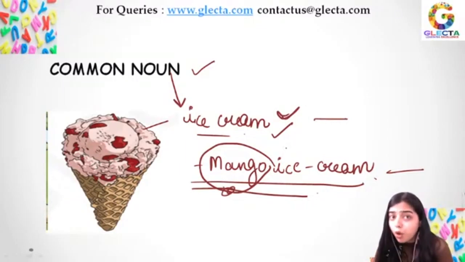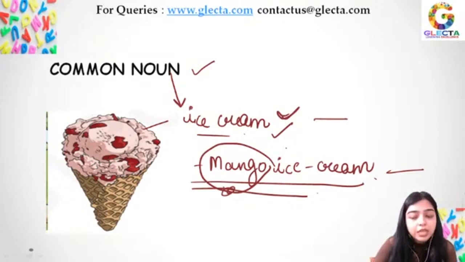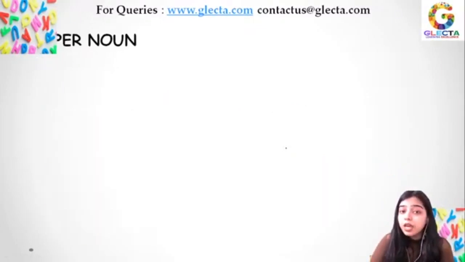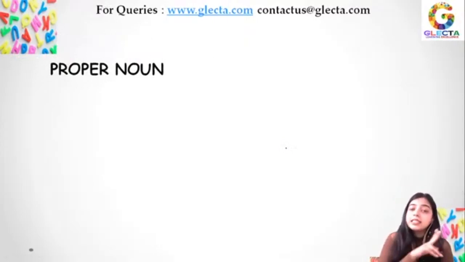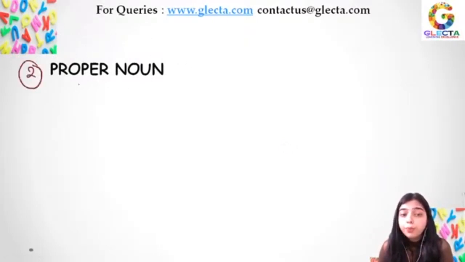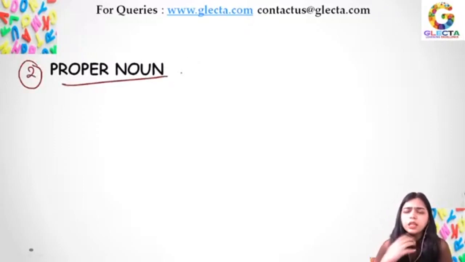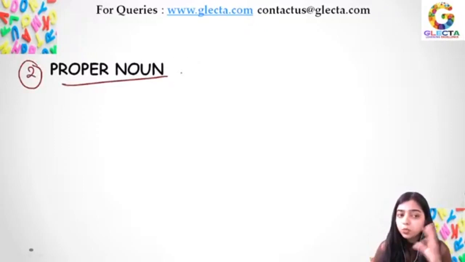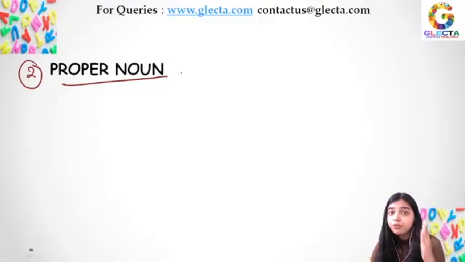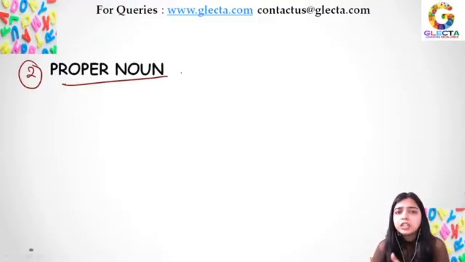Now let us move forward to knowing more about other types of nouns. The second one that we are encountering is called proper noun. Just now we discussed what common nouns are. It's time for us to reflect on something that we had discussed in addition to getting to know something new.